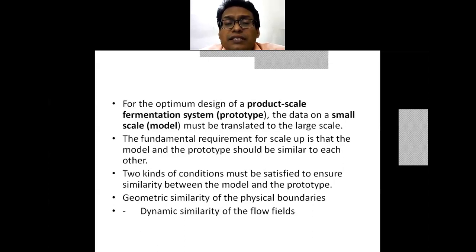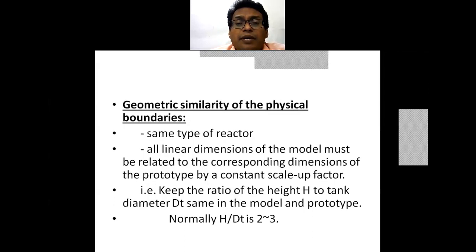So this is the basic diameter and the height, that is your geometric similarity. Also the diameter of the impeller. Then the dynamic similarity of the flow fields corresponds to the developed flow patterns. This depends on the speed of rotation, how the fluid will be rotated, how the buffers will be available. So these are your dynamic similarities, the flow behavior, how the fluid is moving, that is the dynamic requirement.